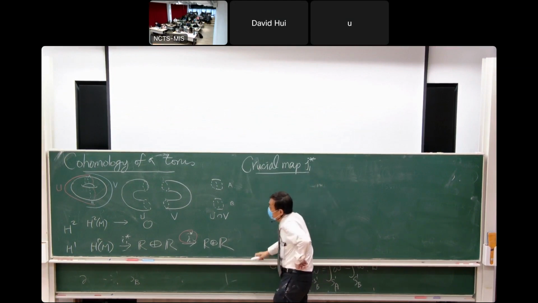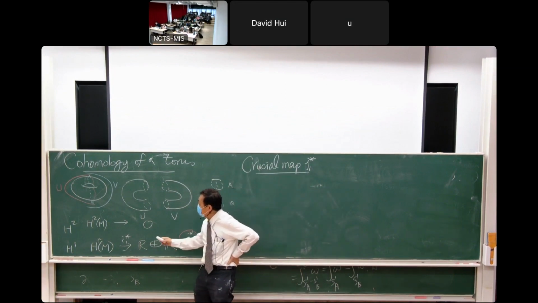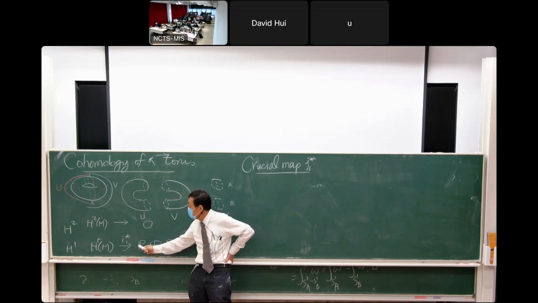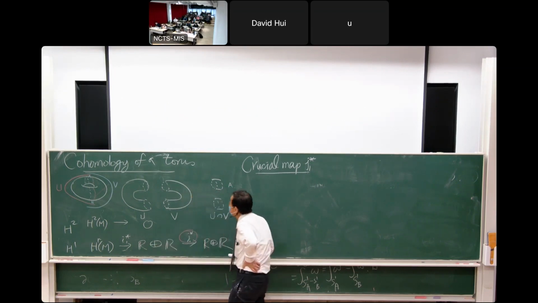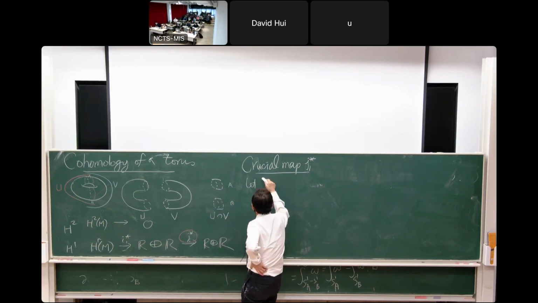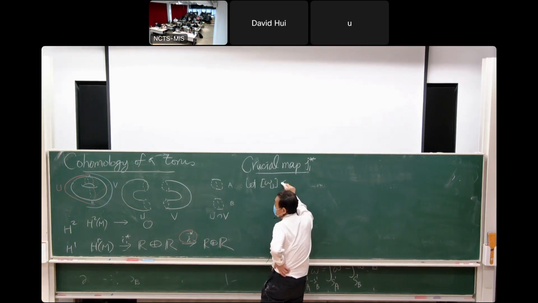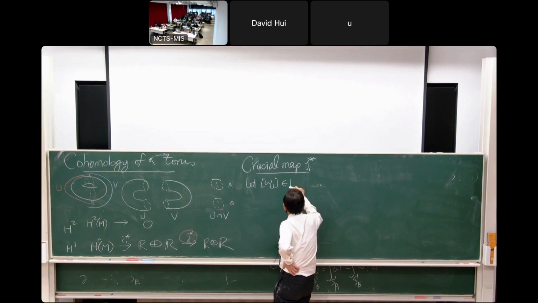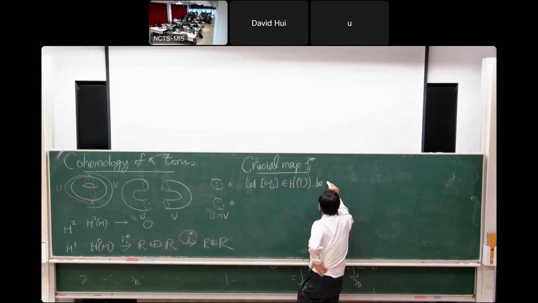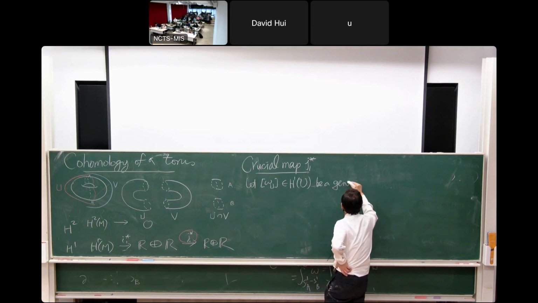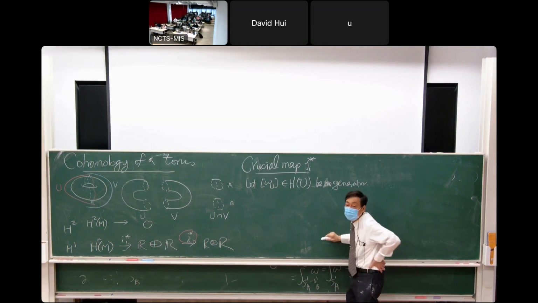Okay, so we just look at where a generator goes. Now, let omega U be a generator of H1 of U. I will say the preferred generator, okay?